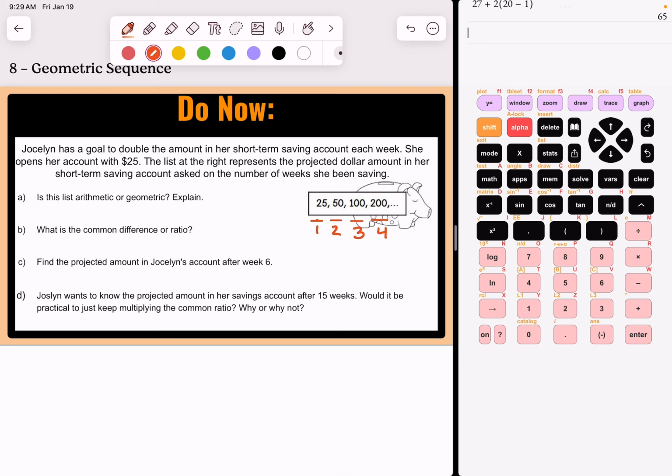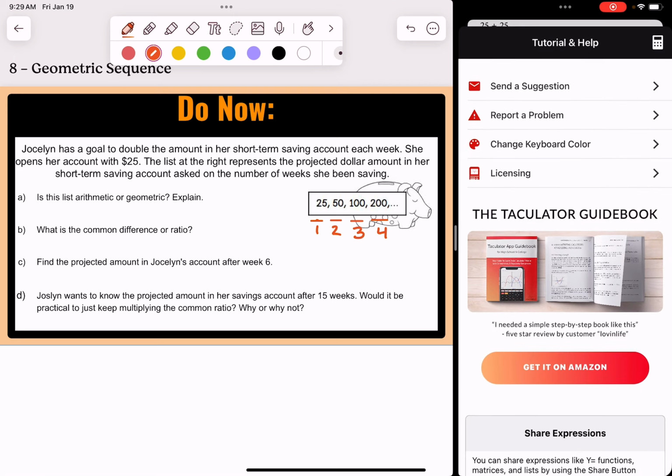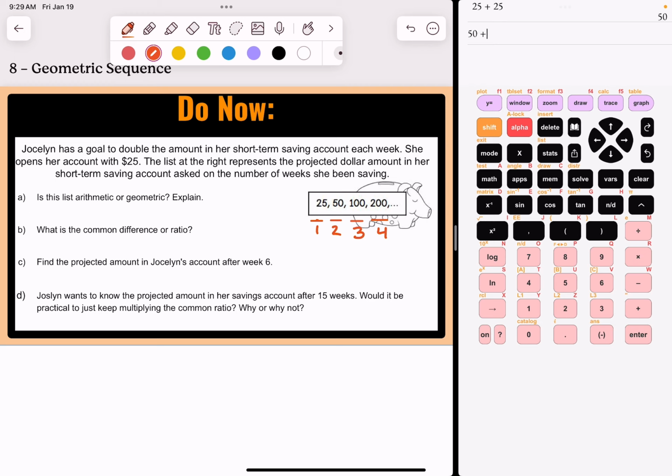Is this list geometric or arithmetic? Well, 25 plus 25 gets me 50, but then 50 plus 25 does not equal 100. So it cannot be arithmetic. Let's see if it's geometric. What is 50 divided by 25? That would mean I multiplied by 2.